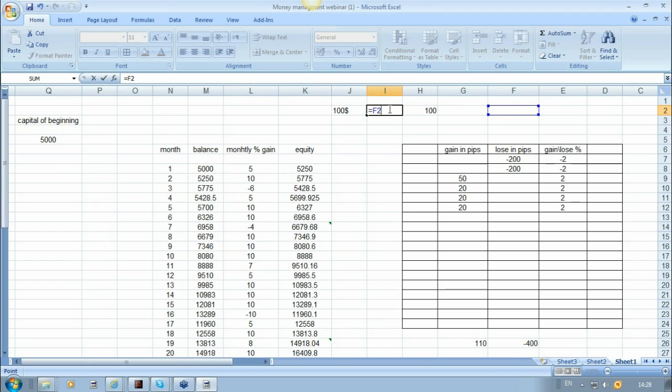When does that happen? Only when each pip equals $1. On what lot size does each pip equal $1? 0.1 lot size, standard lot size. That's how I calculate the lot size. You can Google for a calculator and it will help you. You will find many free calculators for pips.